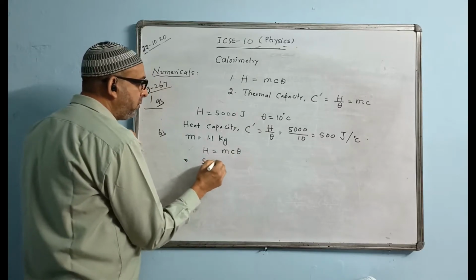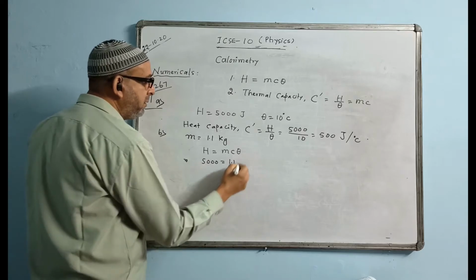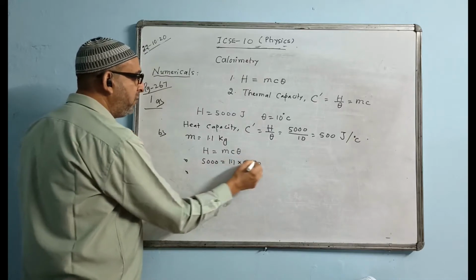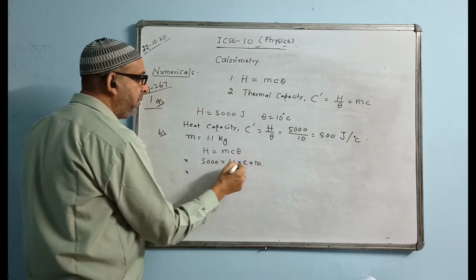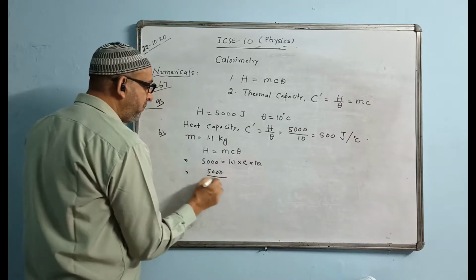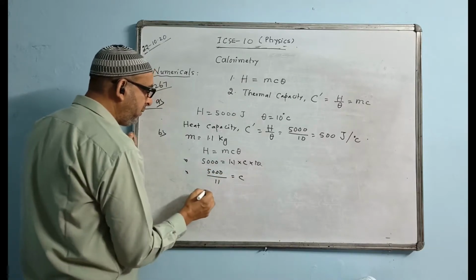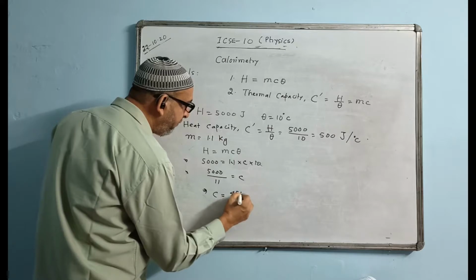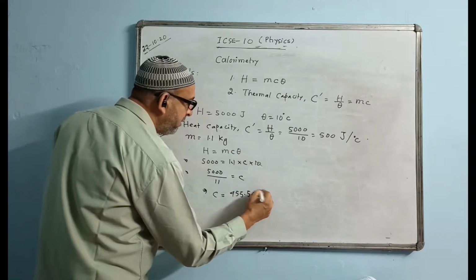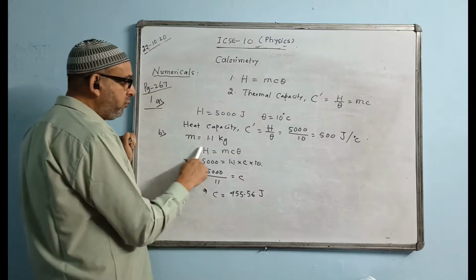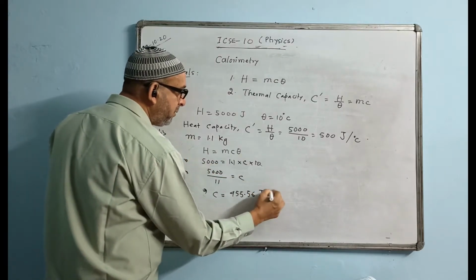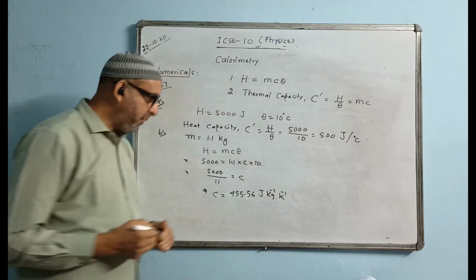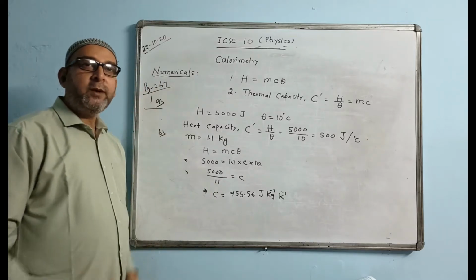Heat value is 5000, mass is 1.1 kg, C we have to find, theta is 10. Removing the decimal point, 5000 divided by 11 is the value of C. Dividing, the answer will be 455.56 joule. The unit is joule per kg per Kelvin, joule kg minus 1 Kelvin minus 1.